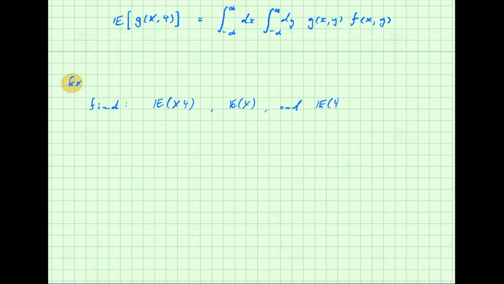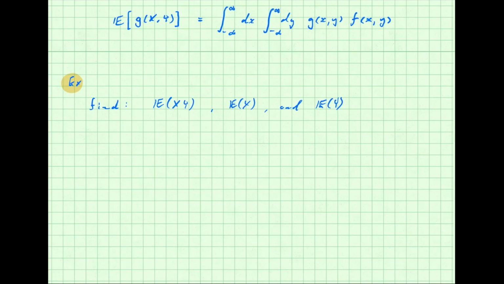Those two aren't really any new calculation. You calculate the expected values for x and y the same way you would ordinarily, but you first have to find the probability density function for x, and the probability density function for y.